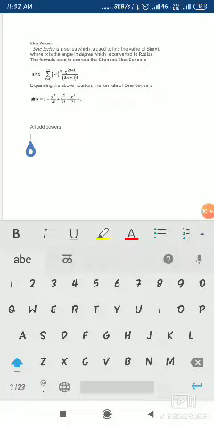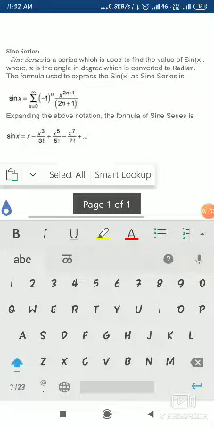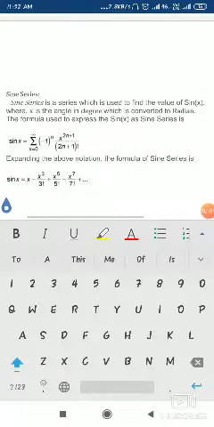Okay, and here they have asked us to use Taylor series approximation. So you might have heard about the Taylor series. Now let me tell you, sine series is a series which is used to find the value of sin x, where x is the angle in degree.